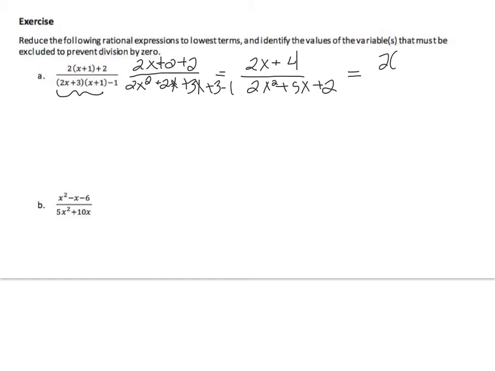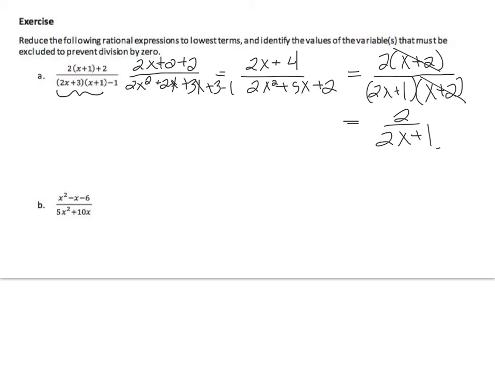I can factor a 2 out of the top. I can actually factor the bottom into 2 binomials. Gives me 2x plus 1 and x plus 2. Now, since I have just multiplication, I can cancel. And I'm left with 2 over 2x plus 1.